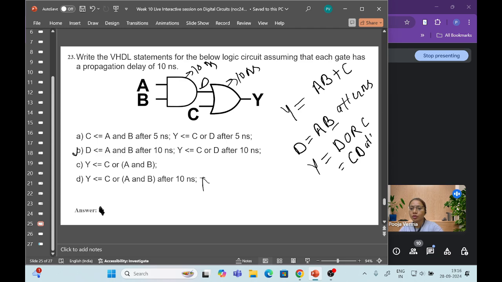So option B is the correct answer for this question. Option D could be, but they have merged C or A and B after 10 nanoseconds, not the whole process after 10 nanoseconds. The AND gate takes 10 nanoseconds and the OR gate also takes 10 nanoseconds. So the correct one is option B.